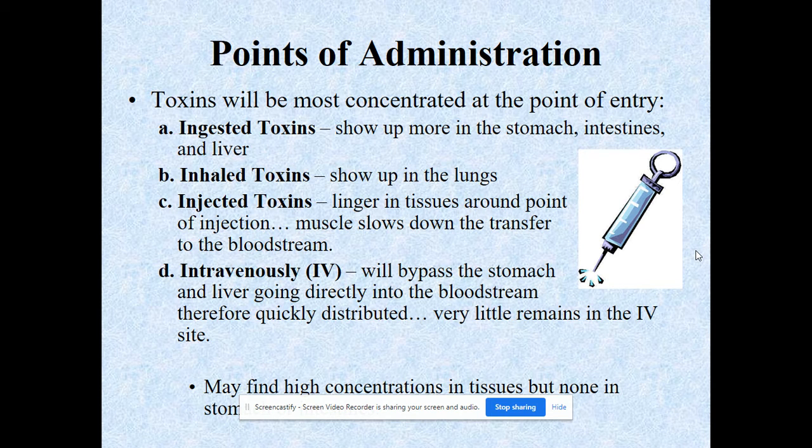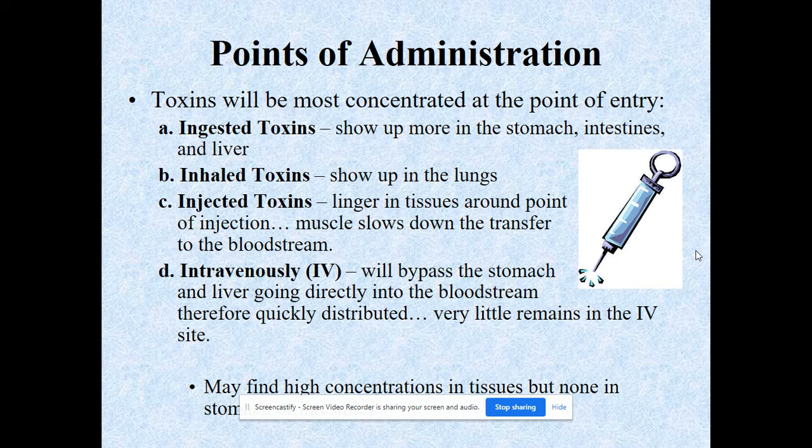Obviously the way of administration would be through the lungs. Also, there's a substance called anthrax, which is concerning as far as being used for biological warfare, that is basically inhaled, and that's how the toxin gets into the body. Yeah, it destroys the lungs.